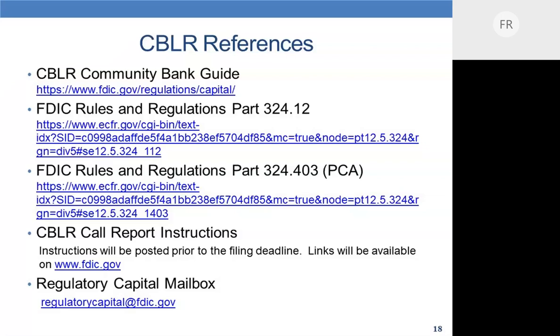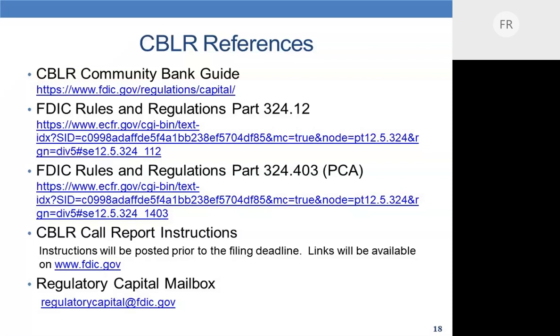We're discussing with the other agencies how to address this to ensure consistency across all institutions. Included in those discussions is a desire to minimize any potential regulatory burden that could arise if electing banking organizations subsequently decide to switch between the CBLR framework and the generally applicable capital rule. These conversations are ongoing, and we're striving to get more clarity to the industry in the very near term.